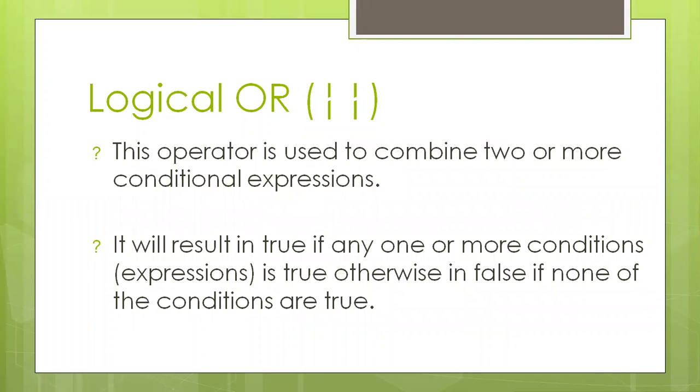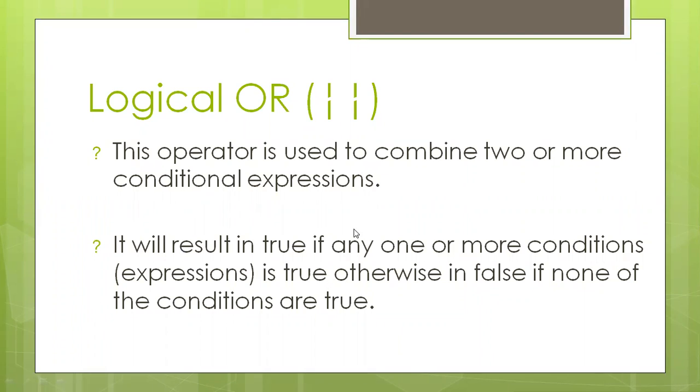Okay, now logical OR. It combines two or more conditions, that we have seen. Now how will the result be manipulated by the OR? Pay attention here and listen carefully. It will result in true if any one or more conditions is true.